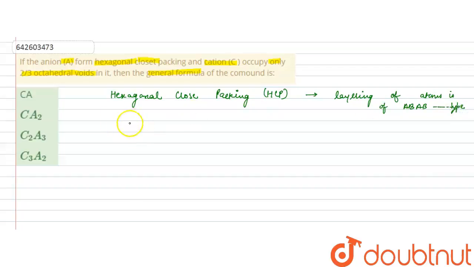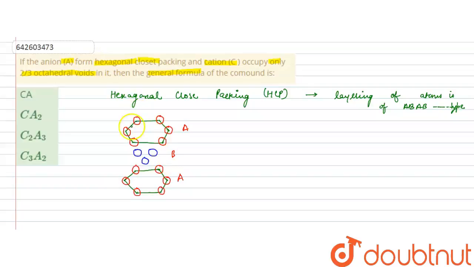So if we draw a unit cell in which A atoms are arranged on a hexagonal plane, so this is the A layer, this is the B layer, and this is again the A layer.